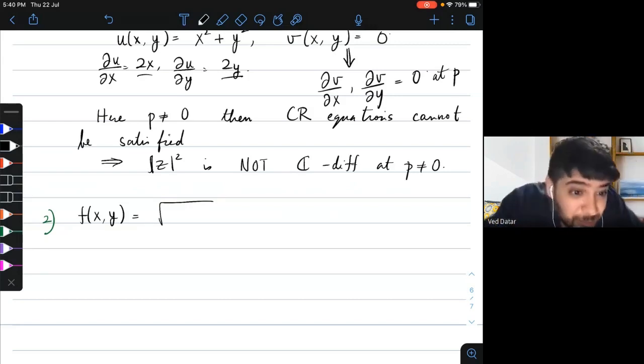Let me just look up this function, since this is actually an assignment problem, a tutorial problem.